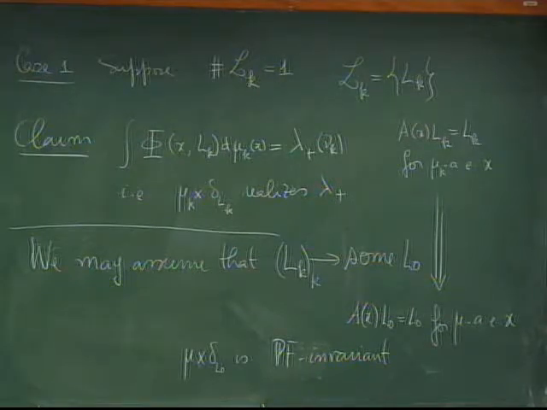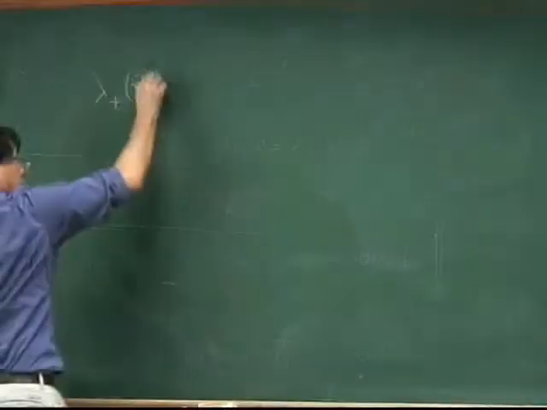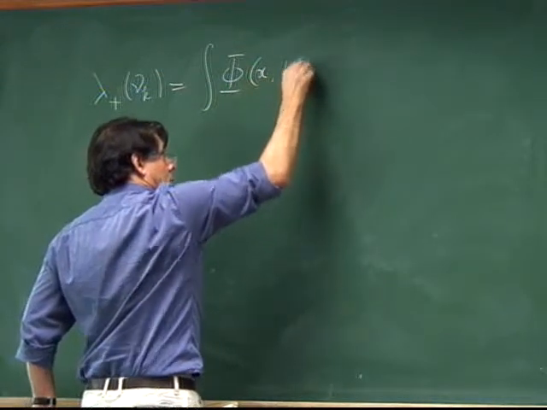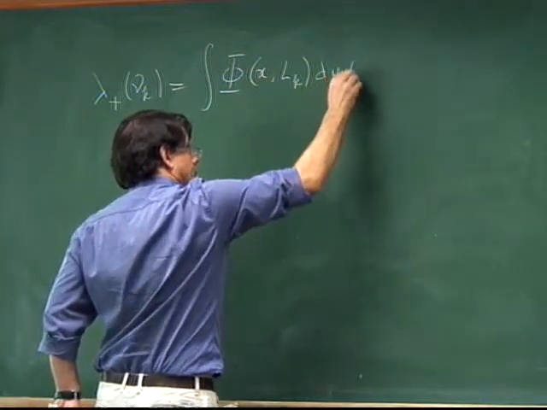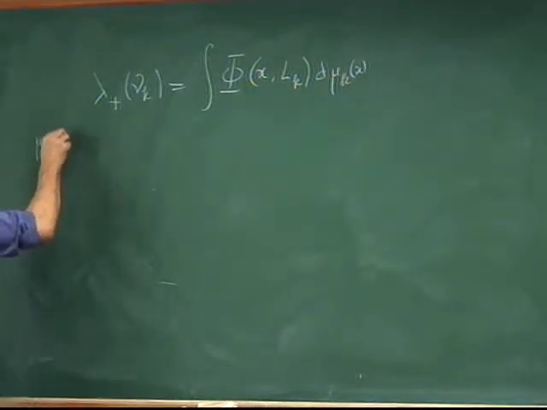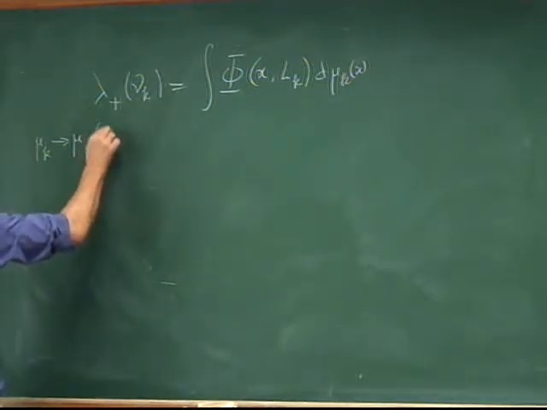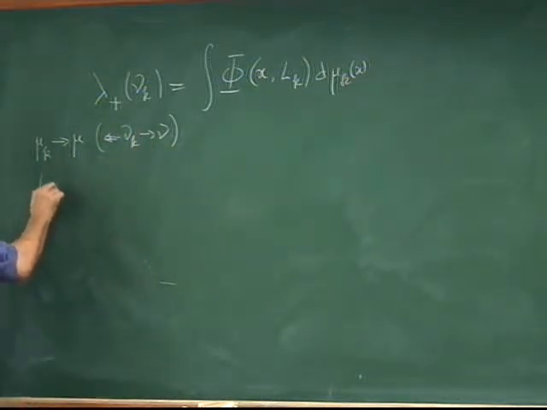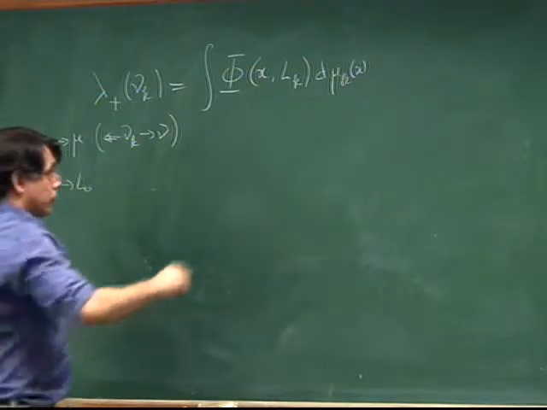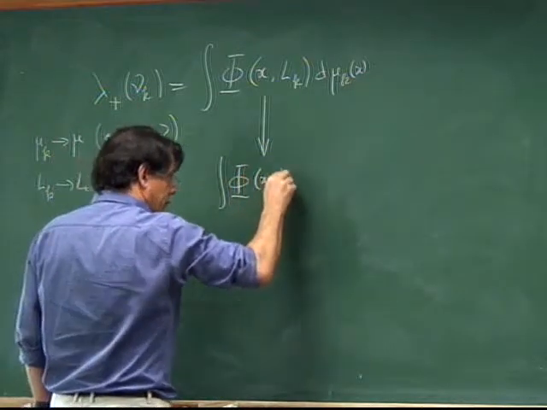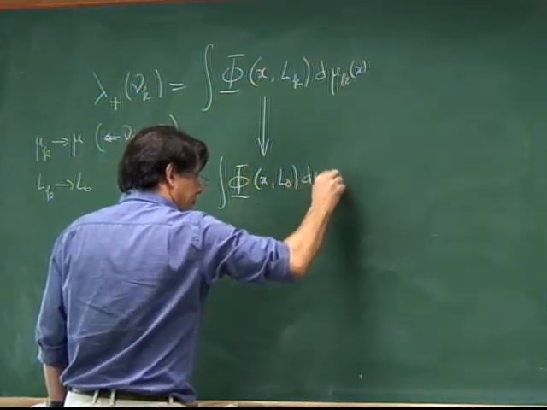Lambda plus of nu k is equal to the integral of phi x Lk d mu k of x. And then mu k converges to mu. This is something that has to be checked, it's an exercise. Lk converges to L0. So the conclusion is that this converges to the integral of phi x L0 d mu of x.